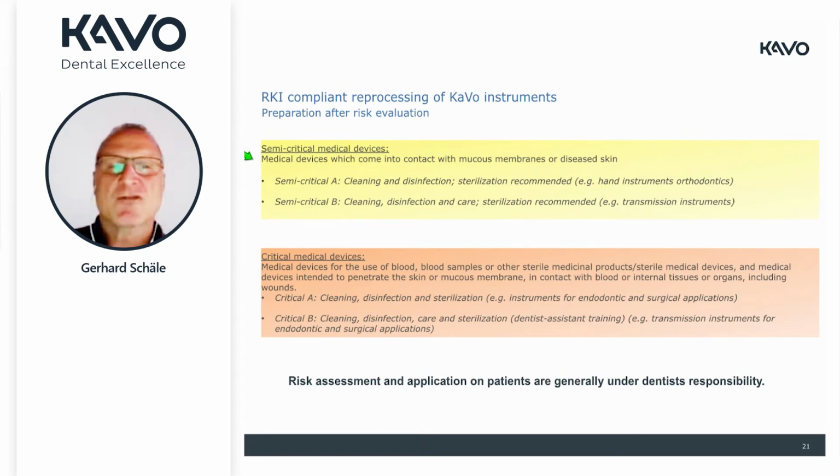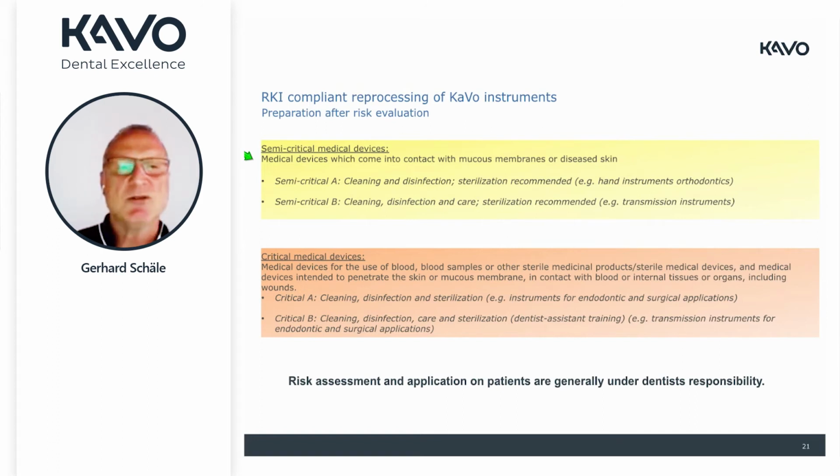When we come to the critical instruments, we divide it as well in critical A and critical B. And the important point is the risk assessment and the application are always done under dentist's responsibility.